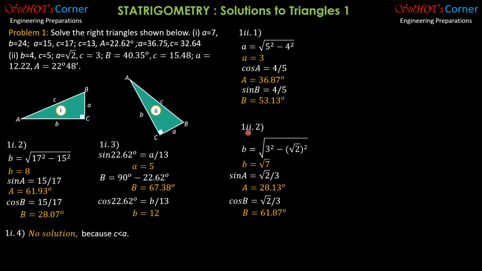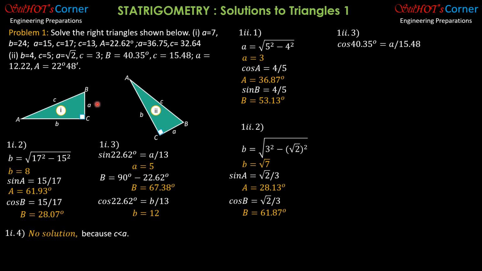Then we proceed to 1.2.3. This time angle B is 40.35 degrees. Side C is 15.48.